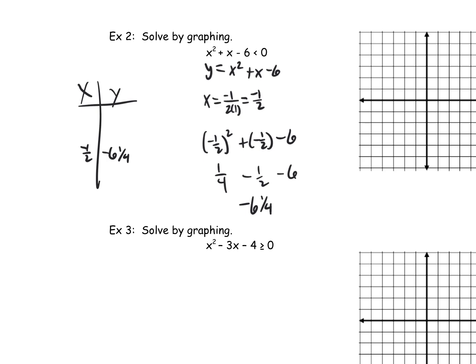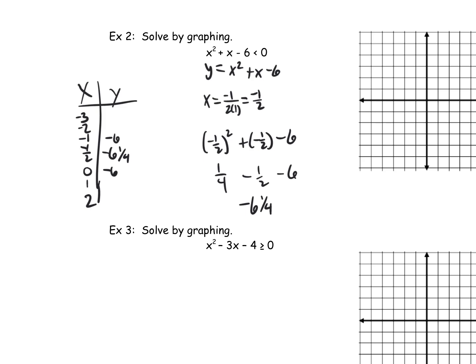Now find two x values to the left and two to the right. So negative 1, negative 2. Actually, let's go ahead and do negative 3. And then we can go 0, 1, 2. If I run 0 through the function, it's going to spit out my y-intercept, so that's negative 6. And so at 0 we have negative 6.